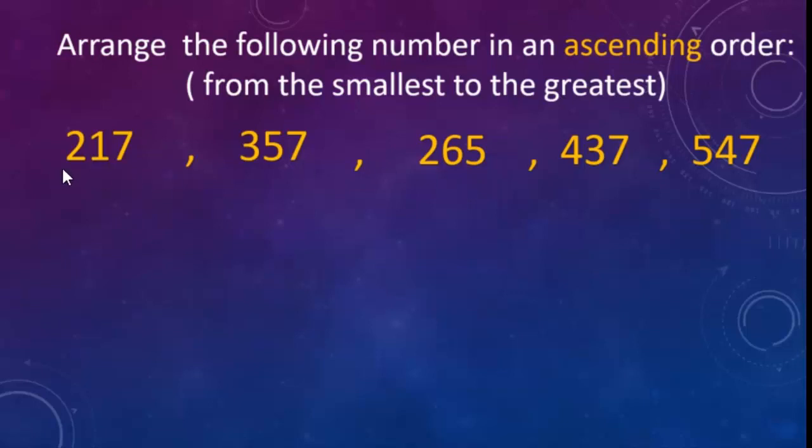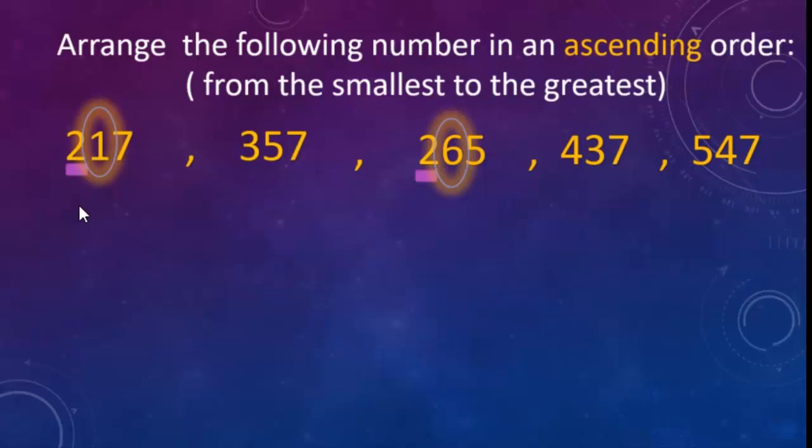pay attention to hundredths place. 200, 300, 200, 400, 500. The smallest number is 2 in hundredths place. But we have two numbers with 2 in hundredths place, 217 and 265. Which one is smaller? Yeah, 217 is smaller than 265 because 1 in tenths place is smaller than 6 in tenths place. 10 is smaller than 60.